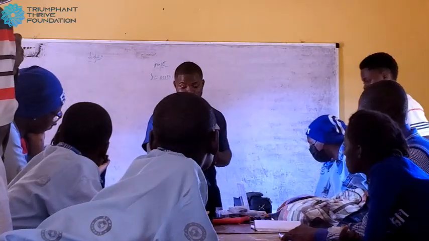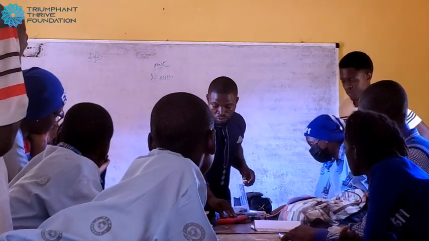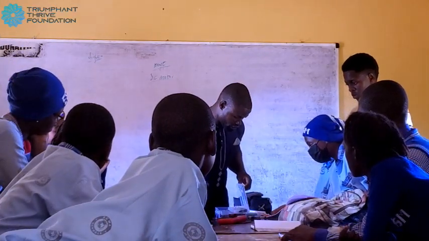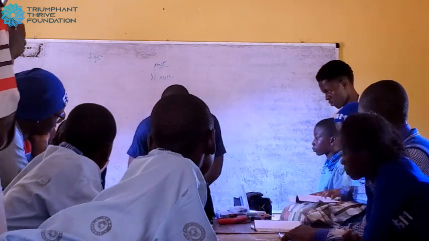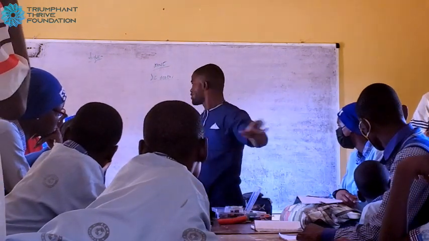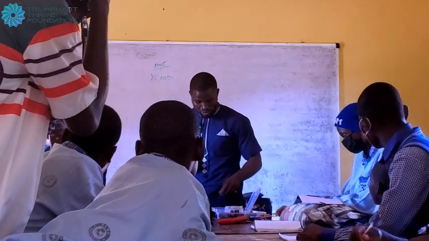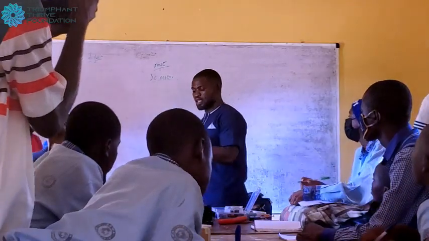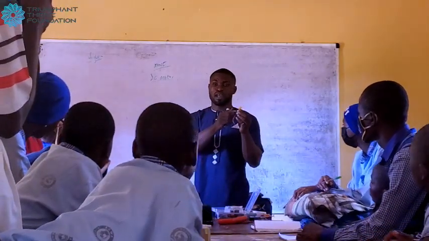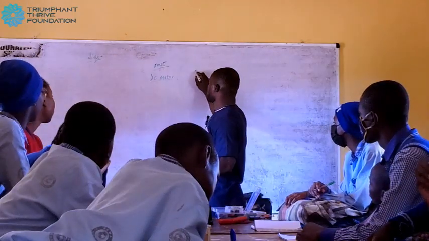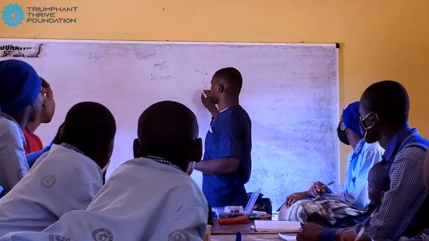So what we are looking at is a DC motor. When electricity passes through it, it conducts. While he's fixing that, let me explain something about this DC motor. If you connect the two wires here, it turns clockwise.